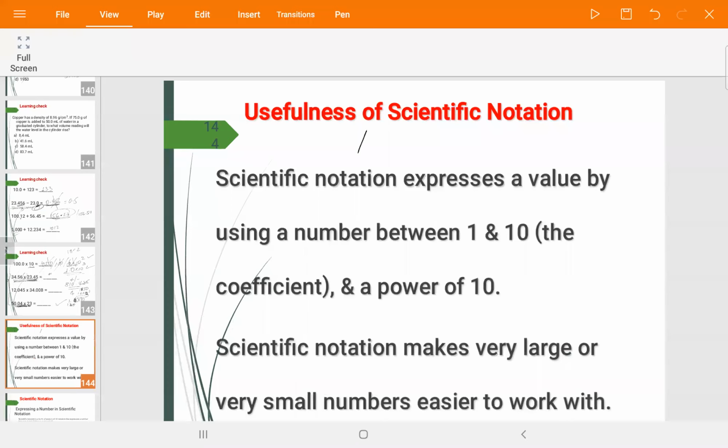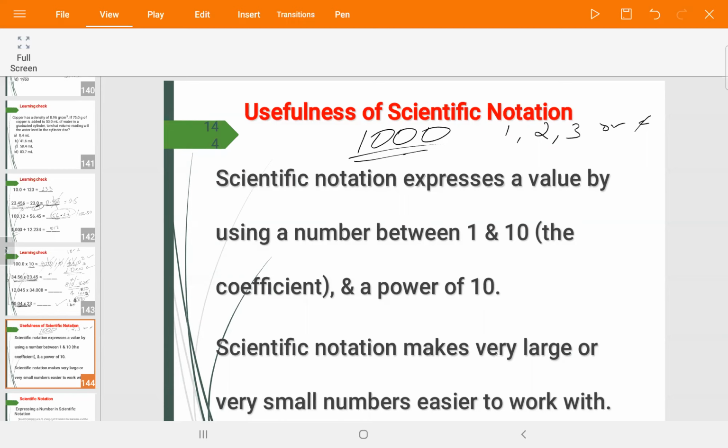Now remember, to predict the number of significant figures that this number has, you have to express this in scientific notation. It can have 1, 2, 3 or 4 significant figures.